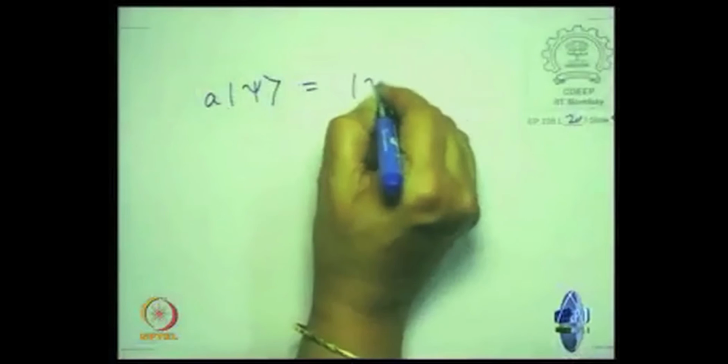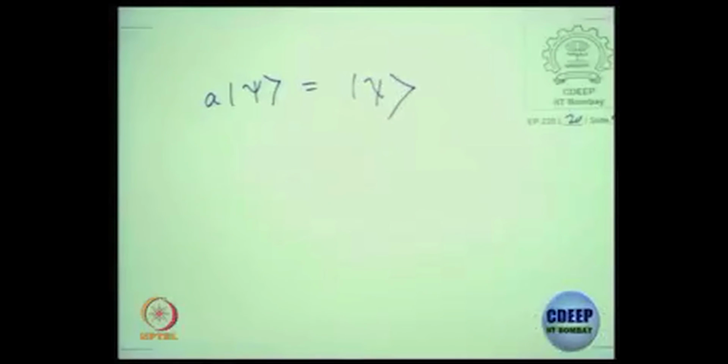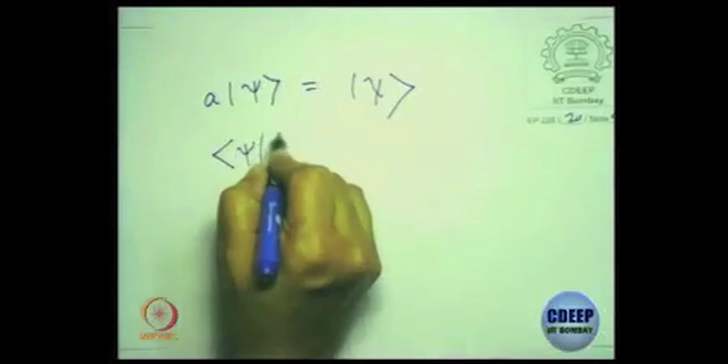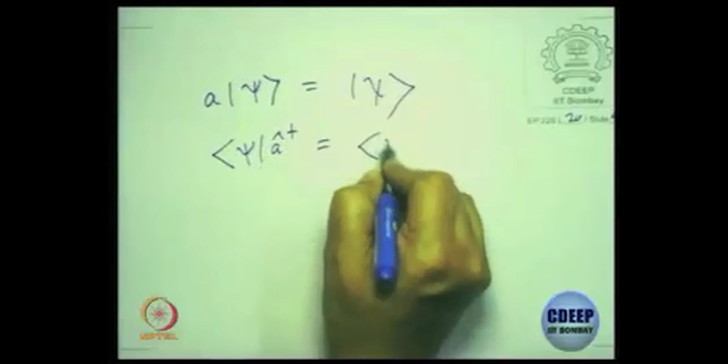Take an arbitrary state psi. What can we say about the matrix element? If you write psi with A as some chi, then the adjoint action will be psi with A dagger is chi.